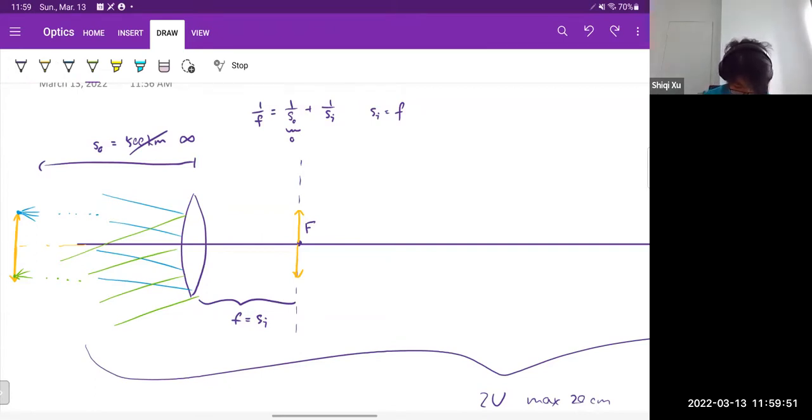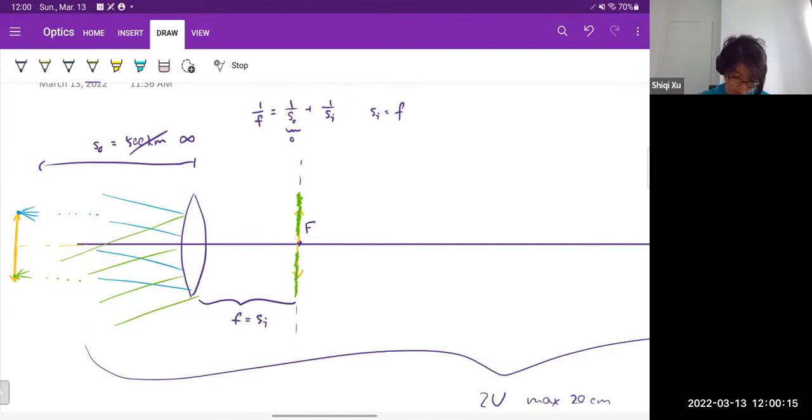So what that looks like is, essentially right here, we would have something like this. And what this essentially does is it acts as what's called a field stop. Field refers to field of view, so what you can see, right?